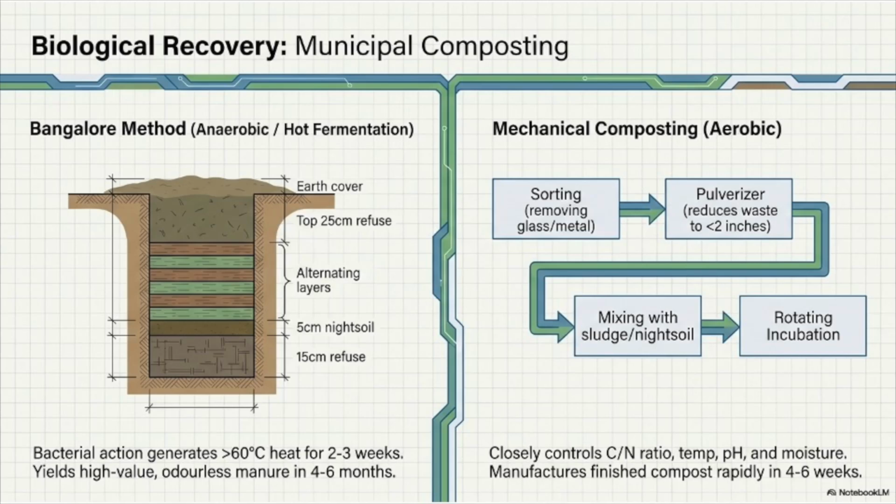Throughout this entire mechanical process, several key factors are closely controlled, including the carbon to nitrogen ratio, temperature, pH level, and moisture content. Because of this precise control, mechanical composting is able to manufacture finished, usable compost much more rapidly, typically within just 4 to 6 weeks, which is significantly faster than the Bangalore method.